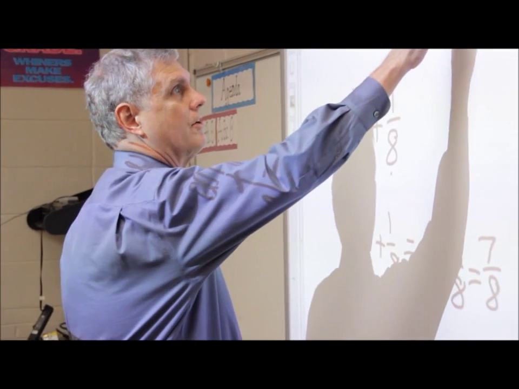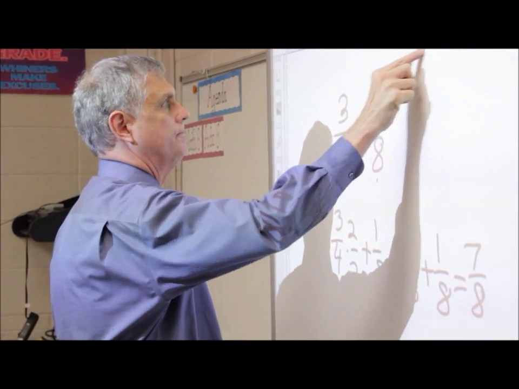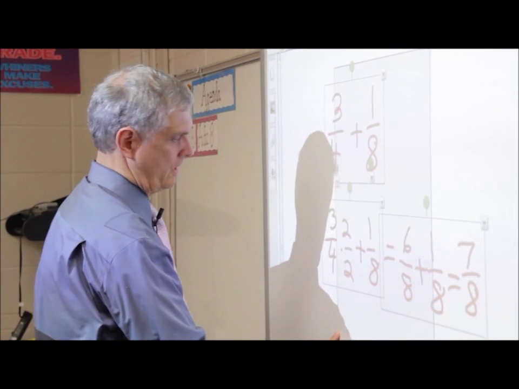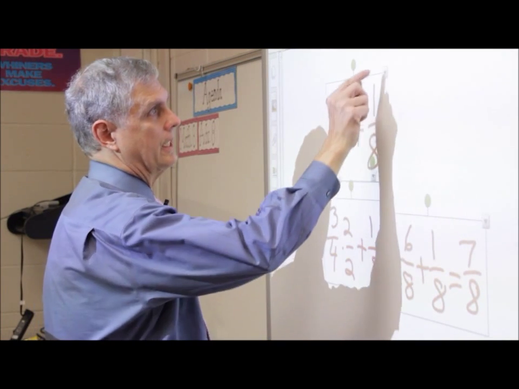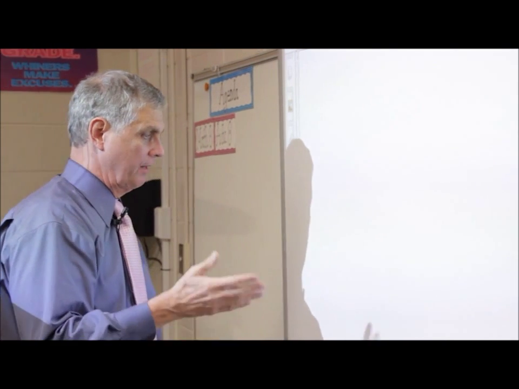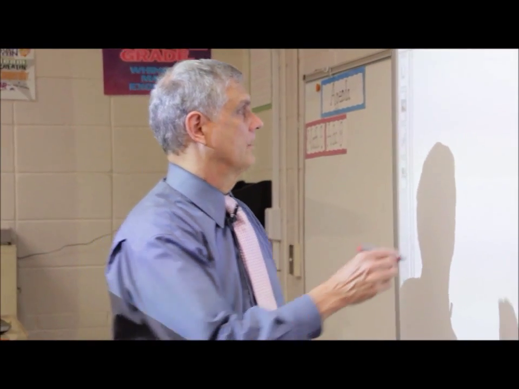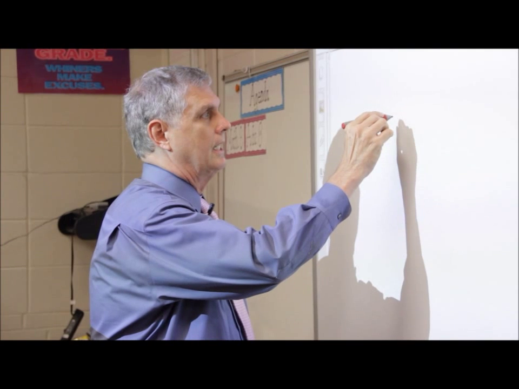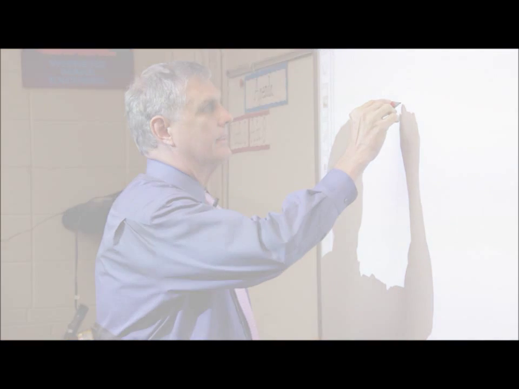But let's say that you had a situation where you had to figure out a common denominator for something that was kind of hard to just look at and figure out. Let's say we had 3/8 plus 2 over 110.